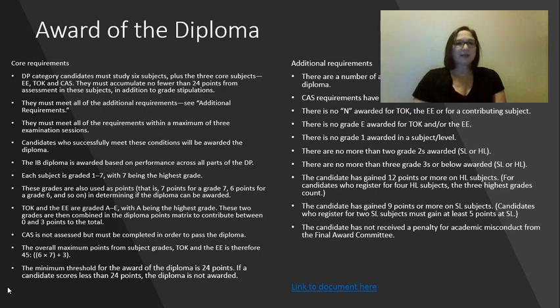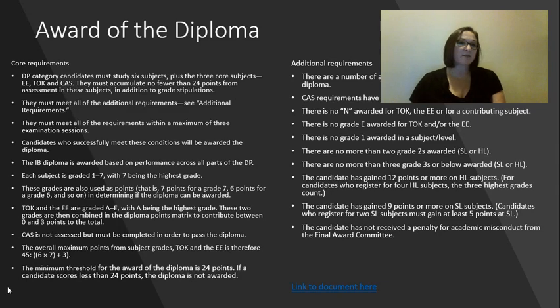So what you see here is a huge list of criteria that will tell you how to earn the diploma. And the bottom line is that a student needs to earn 24 points, no less. They have 6 classes that they're going to take.